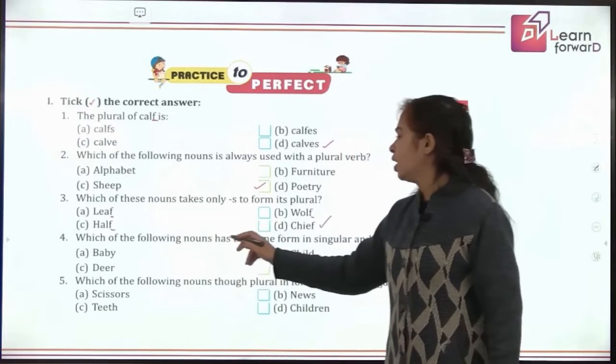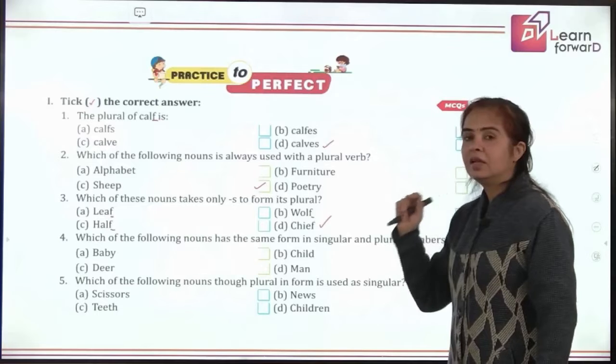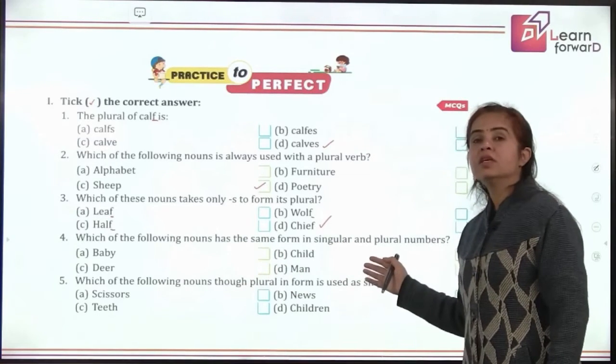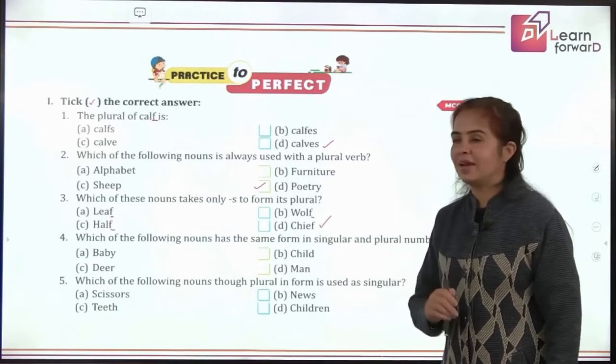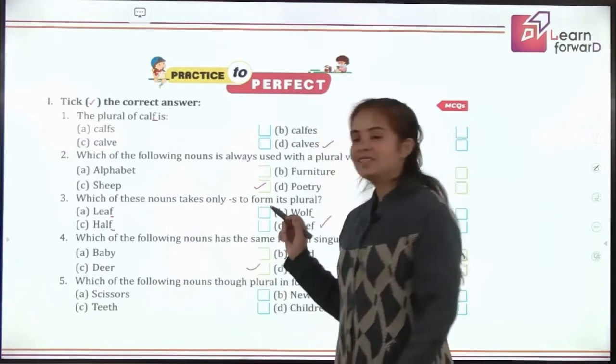Which of the following nouns has the same form in singular and plural numbers? Baby in plural is babies. Child in plural is children. Man in plural is M-E-N, men. And deer remains deer. So this is your answer.